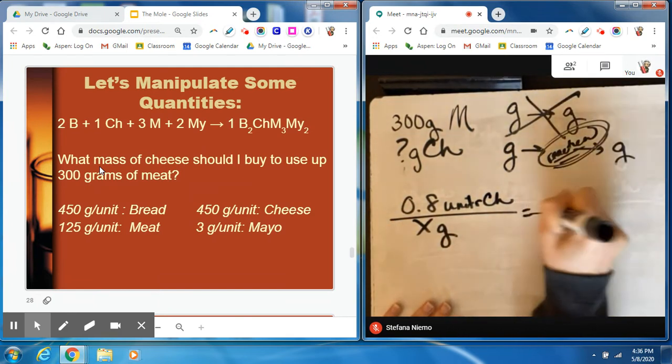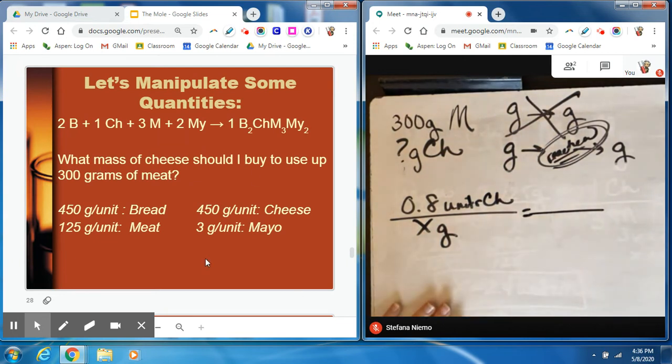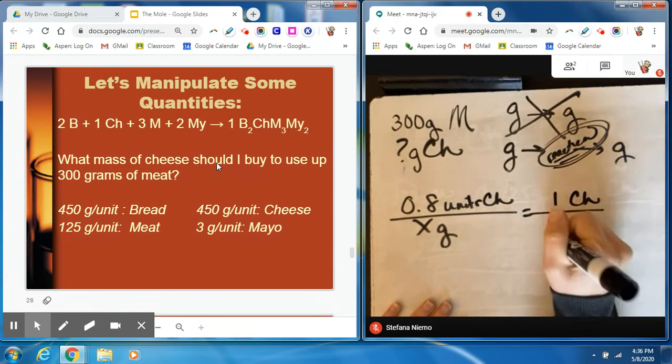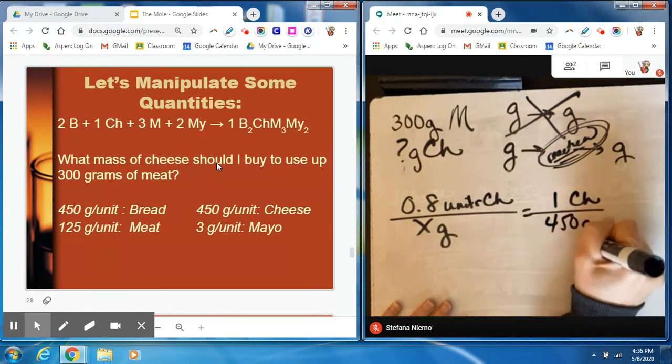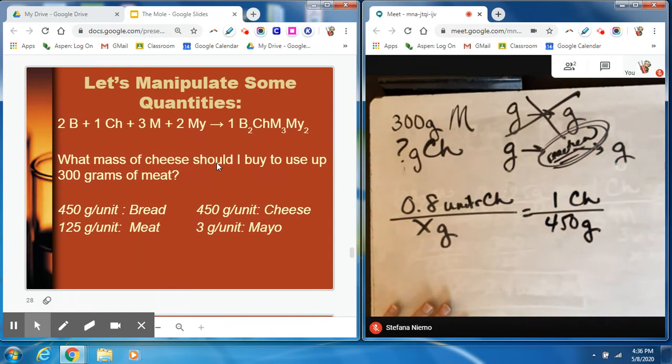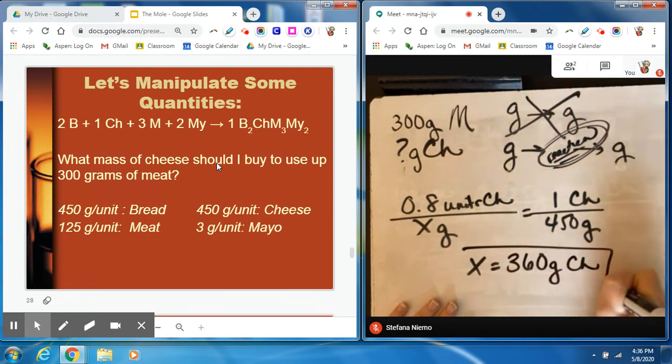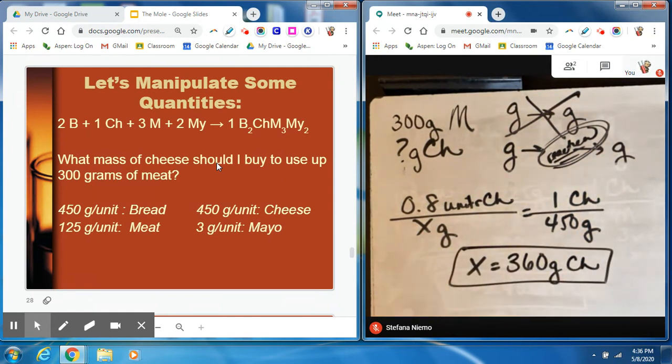I know from my relationship here that every 1 unit of cheese weighs 450 grams. So I can cross multiply and solve for x. And when I do that, x is equal to 450 times 0.8, which tells me that I will need to go to the store and buy 360 grams of cheese.